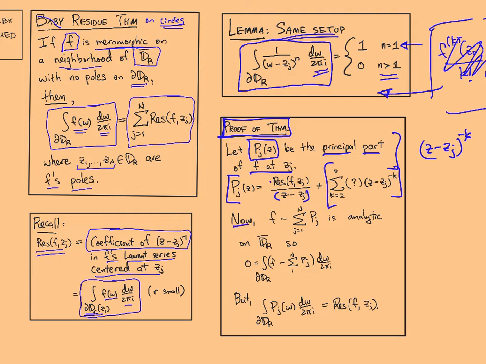And as we saw in proving partial fractions decompositions for rational functions, I can take f and subtract away all of the principal parts, and I'll get a function that's analytic on the closed disk. So the integral of this analytic function dw on this circle of radius r is 0, and that comes from the Cauchy integral formula.